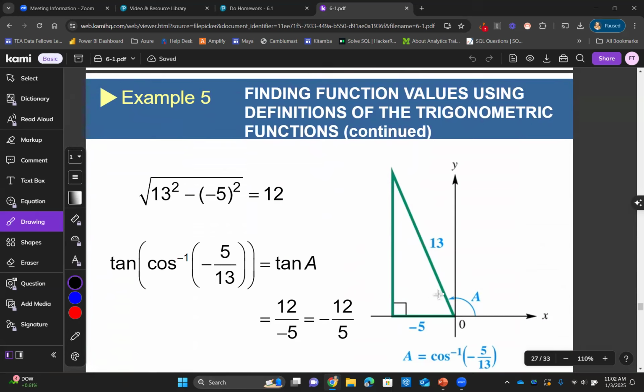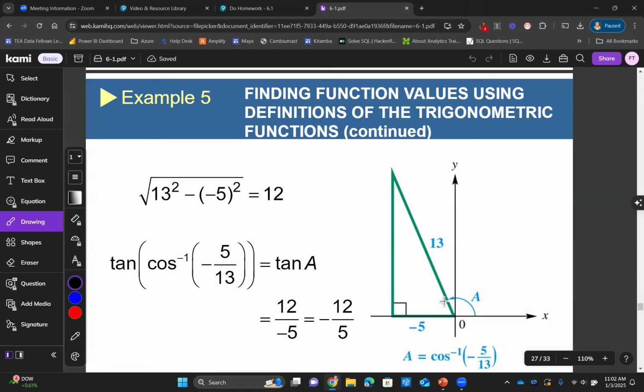And then we're going to draw a triangle. Its cosine value is equal to 5 over 13. So cosine is adjacent over hypotenuse. These two angles are supplementary angles. If two angles are supplementary angles, their cosine values are equal to each other with a sign difference.